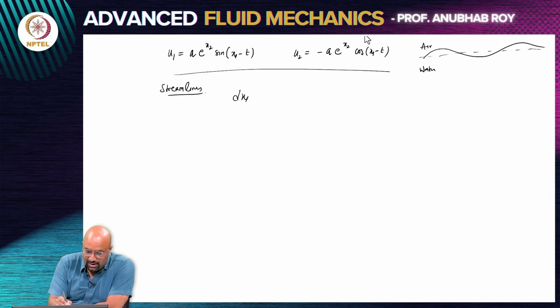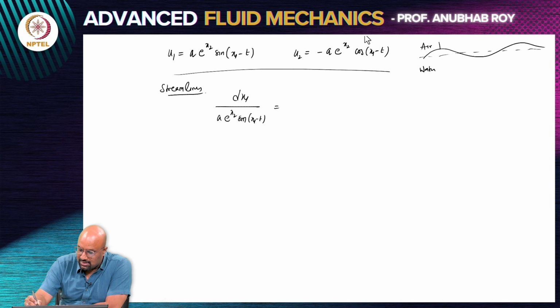So you will have dx1 by u1, which is a exponential x2 sine x1 minus t, and dx2 by u2, which is minus a exponential x2 cos x1 minus t. I am basically looking below the x2 equals 0 level.